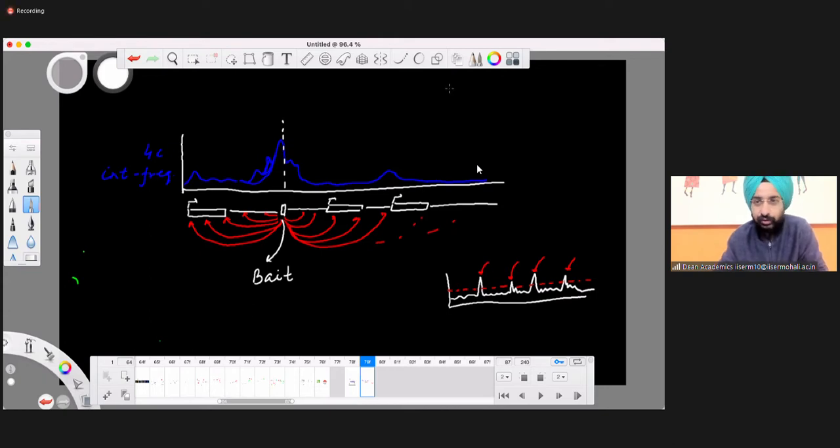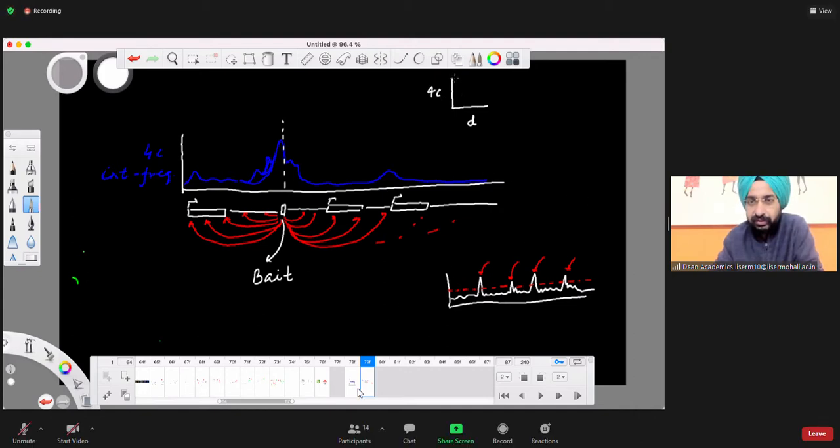So you can have distance here, genomic distance, where D is the distance from the reference point, for all the signals over here, and this is your 4C signal on the y-axis. And of course, you're going to have a very high value near the reference point, which is here.